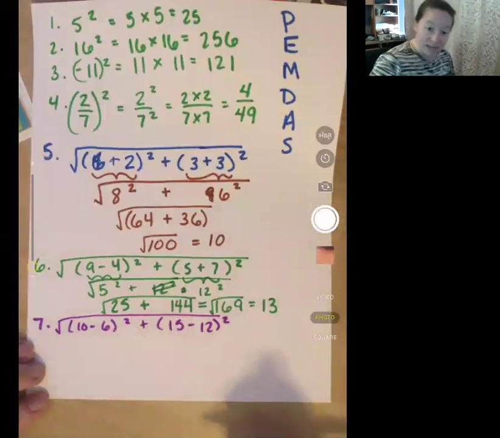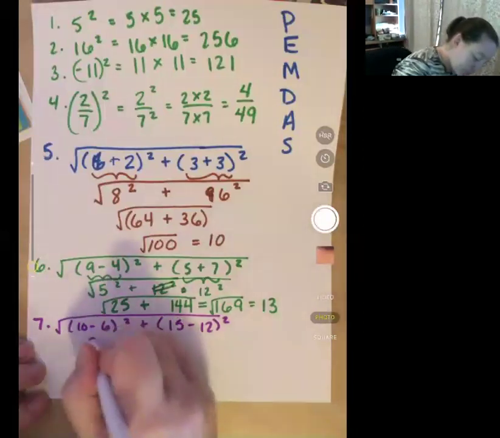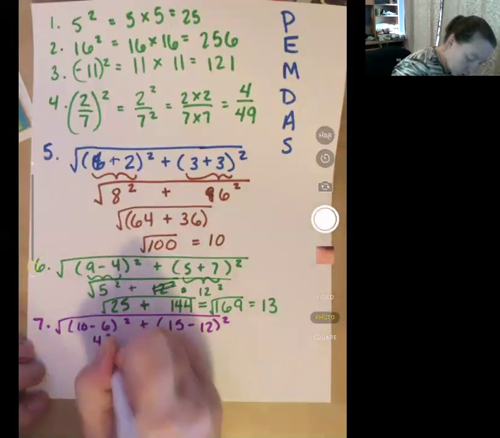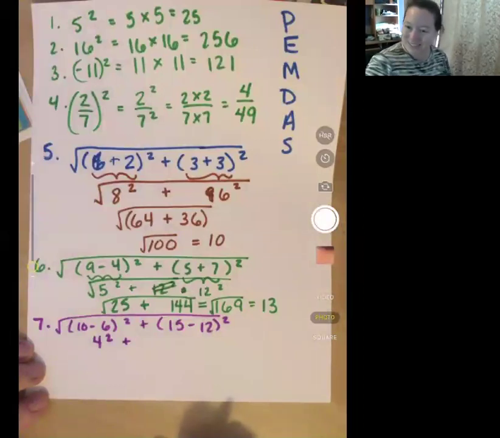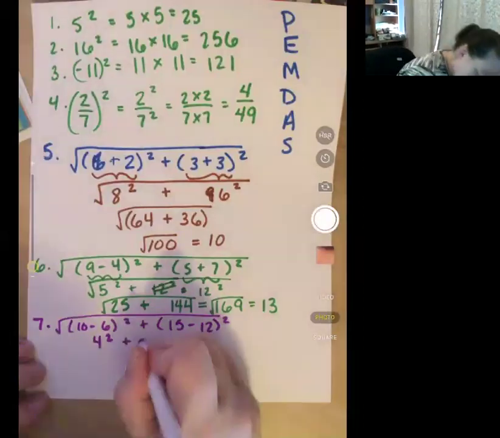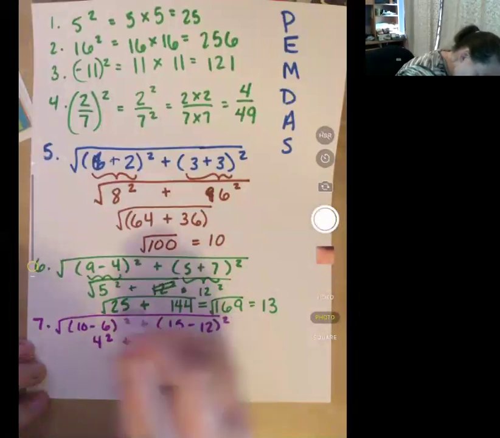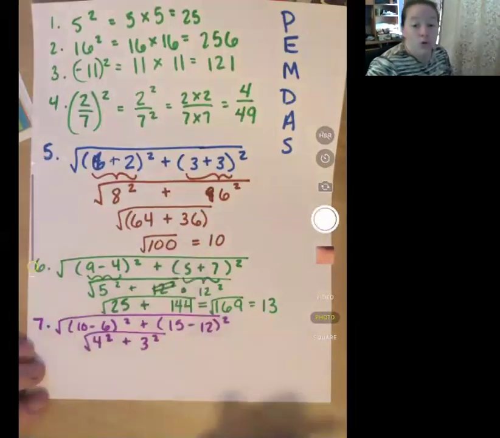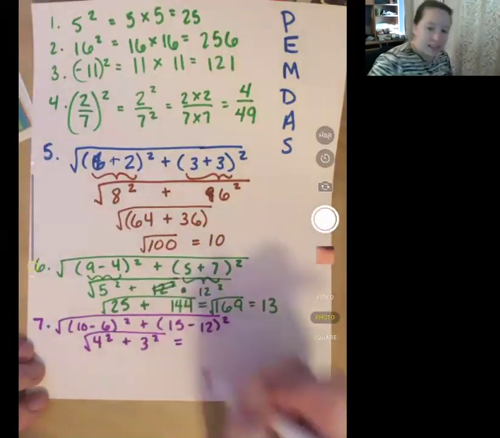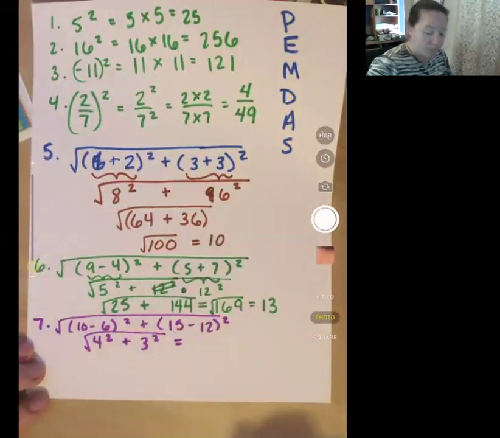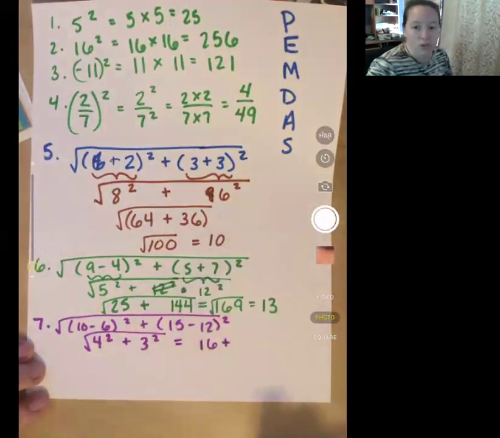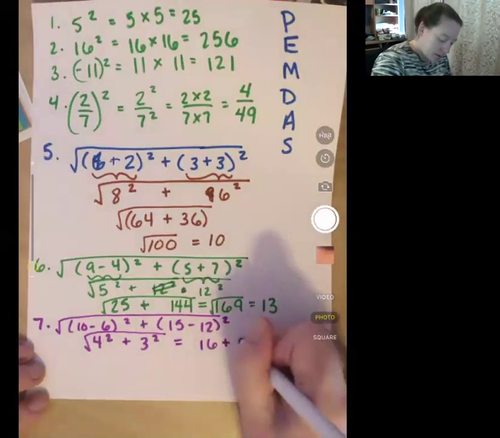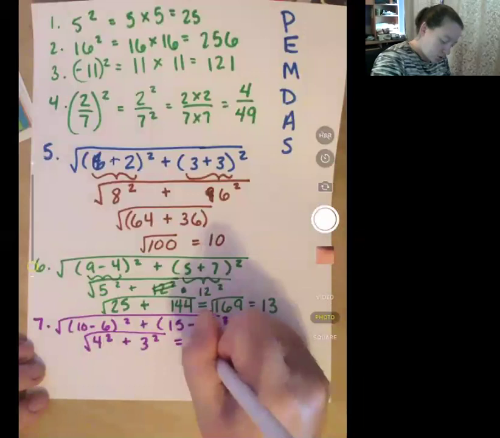So 10 minus 6 is 4 squared plus 15 minus 12, which is 3 squared. Still under the square root sign. 4 squared is 4 times 4, which is 16, plus 3 squared, 3 times 3, which is 9. Still under the square root sign.